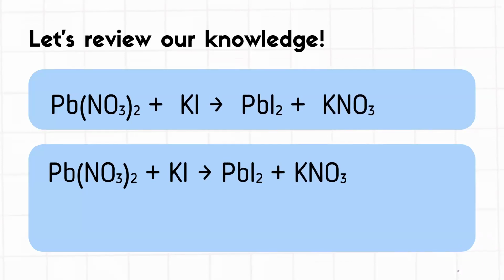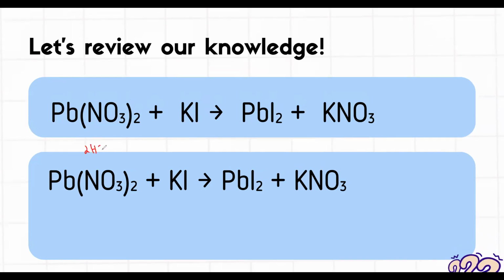PbNO3 plus KI is equal to PbI2 plus KNO3. So, on the left hand side and on the right hand side, plumbum or lead is already balanced. What about NO3? It has 2 atoms. Let's take it as a polyatomic ion and it's 2 times.